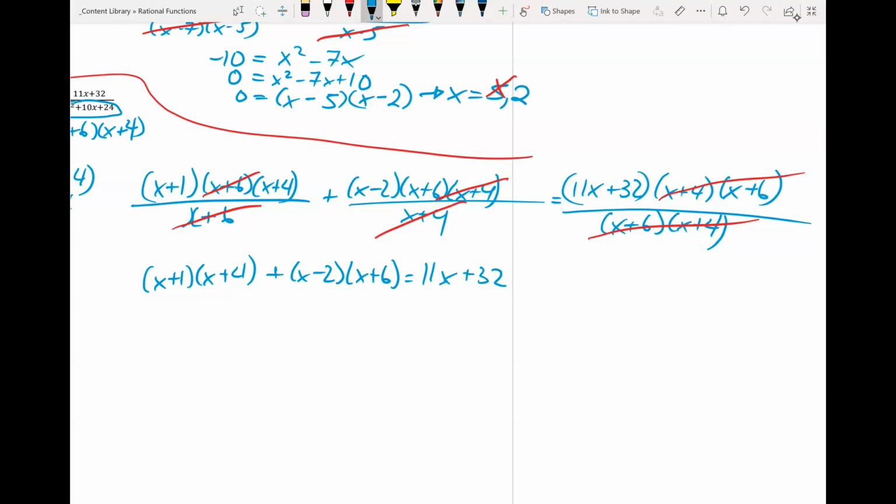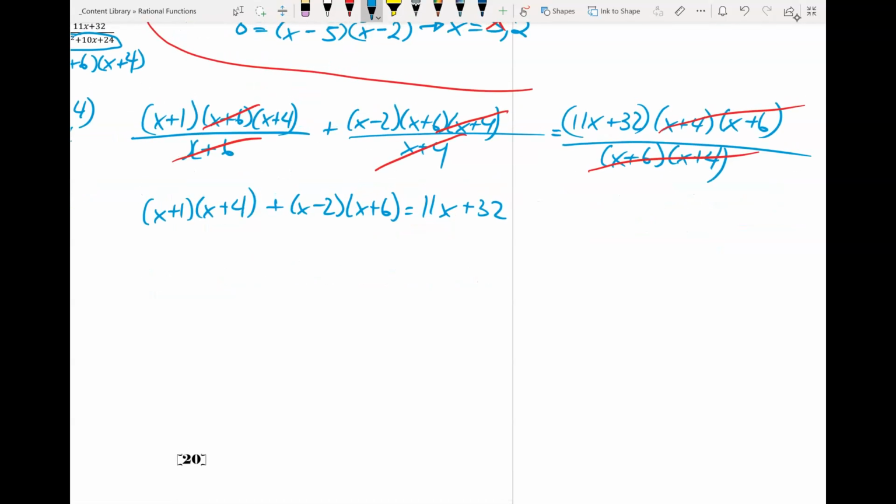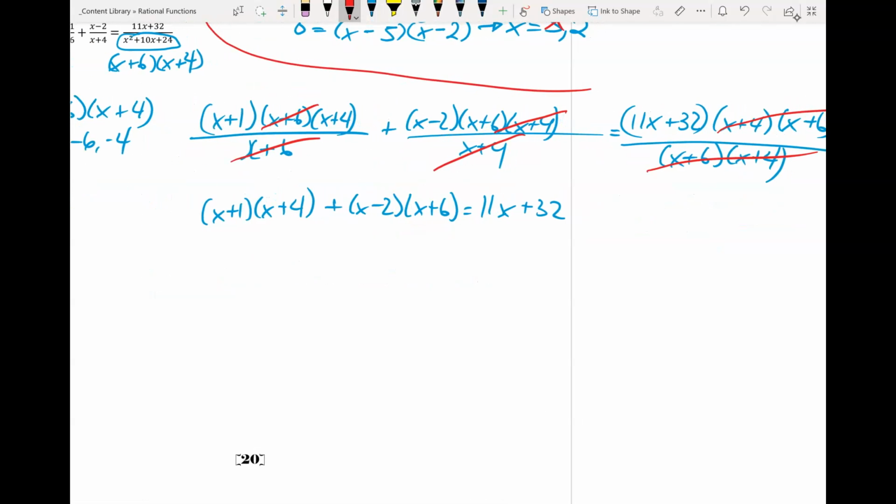Now we're going to expand on the left-hand side. So this is what I'm going to multiply out first, and then I'll multiply this one out. So this is going to be x squared plus 5x plus 4 for that first one. After I expand, x minus 2 times x plus 6, that's x squared plus 4x minus 12.